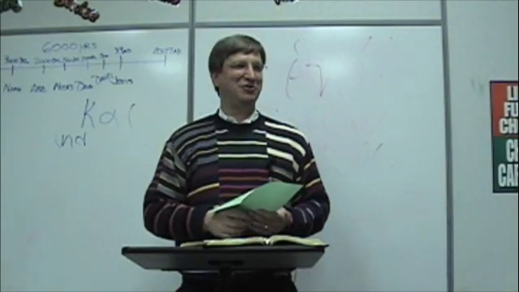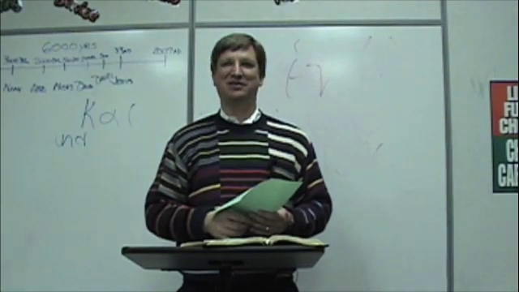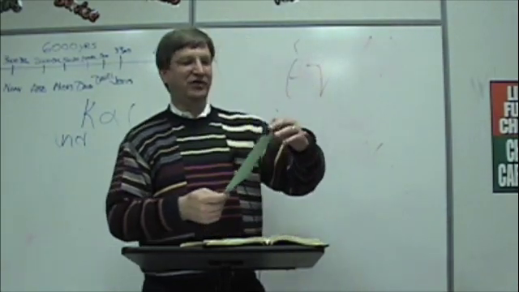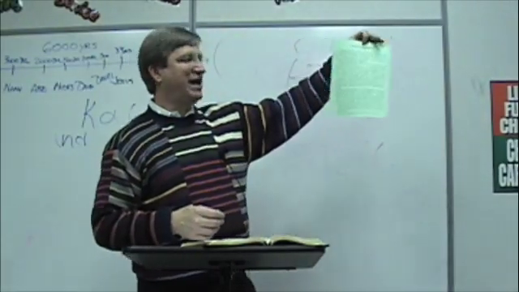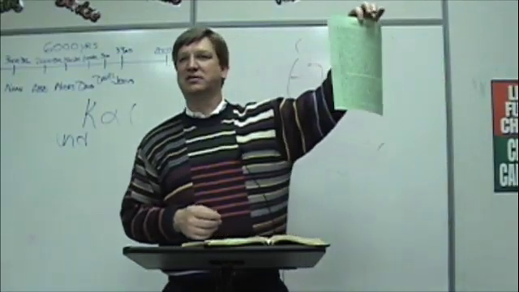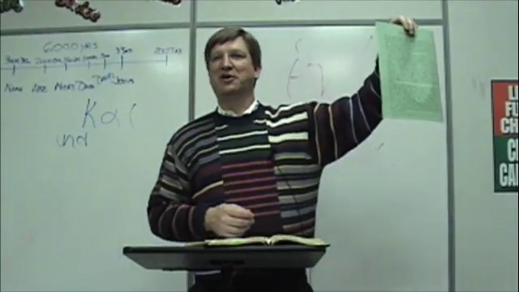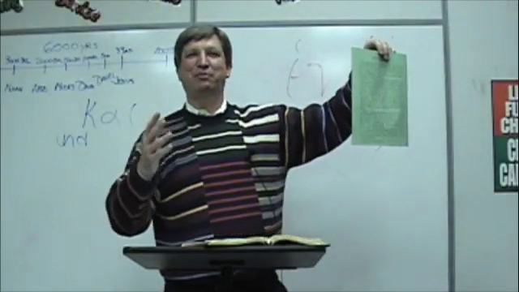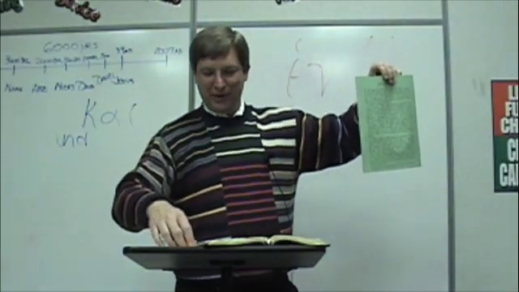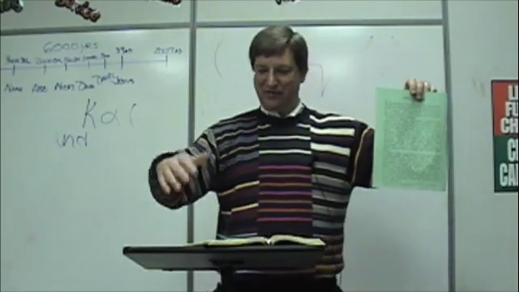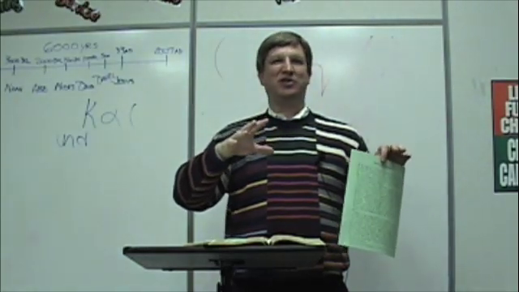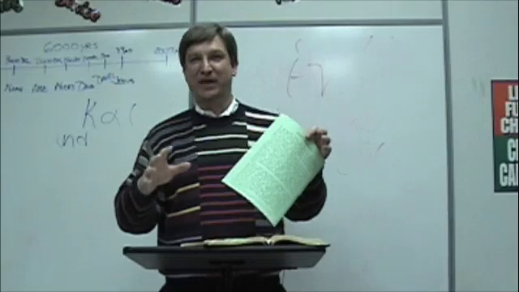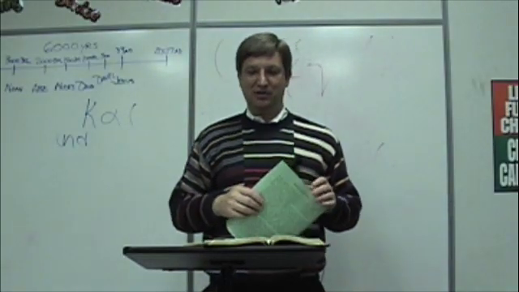If you can get those, you'll be making some real progress. If you take this sheet right here, you have the first 18 verses of the book of John. As you practice the words, go back through the Greek vocabulary words that you have, learn to write those words, learn to pronounce those words, and learn to translate them.